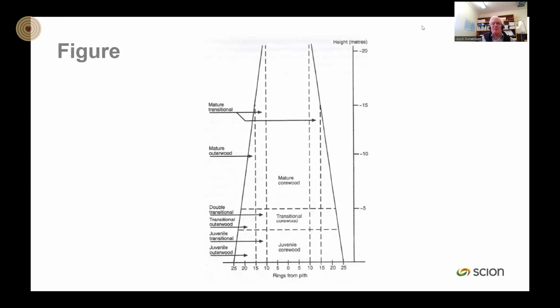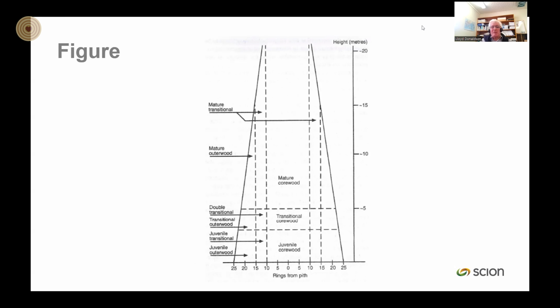Here is a figure that has been drawn to represent a fairly typical situation with Pinus radiata, and you have the progressions illustrated in the two different axes.